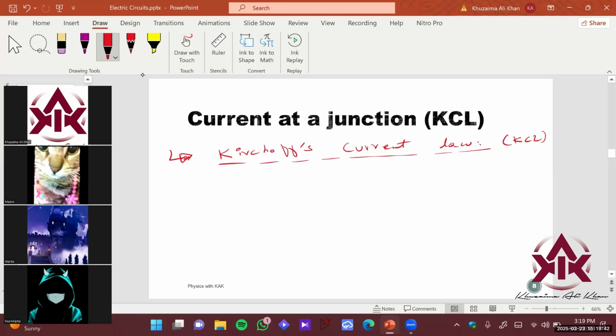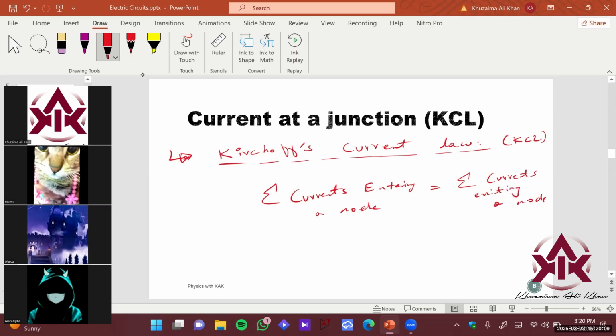What does it say? It says the following: the sum of currents entering a node is equal to the sum of currents exiting a node, right?